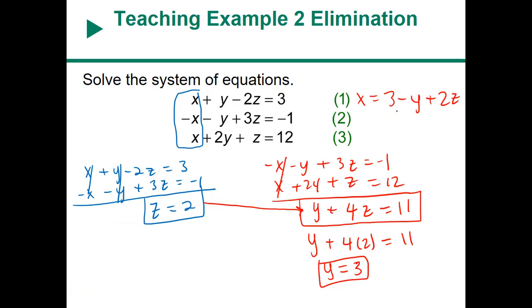So because I know the values of y and z, I know x equals 3 minus 3 plus 2 times 2. I chose equation 1 to get x by itself. And then I substituted in y and z, because we know y is 3 and we know z is 2.